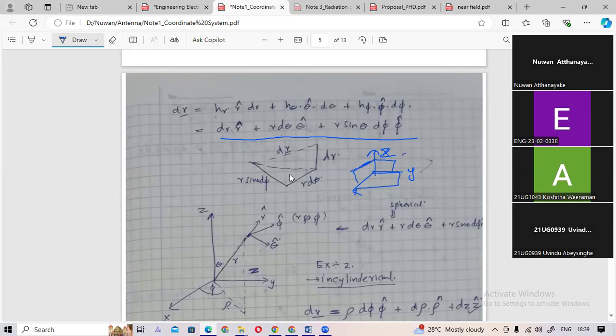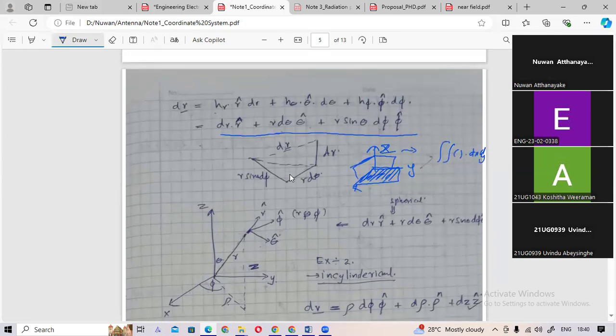If you need to do any surface in this plane, you have to check the relevant plane. If you want to do the surface integral in the xy plane, you have to integrate the function with dx dy.